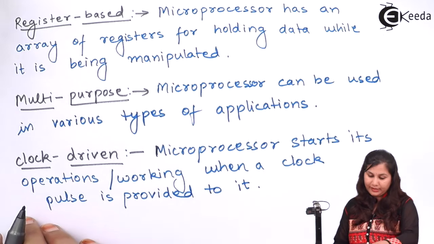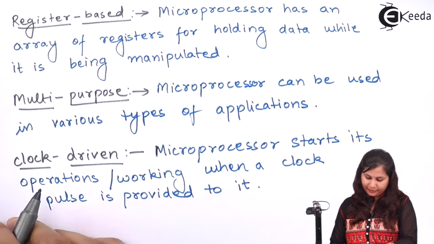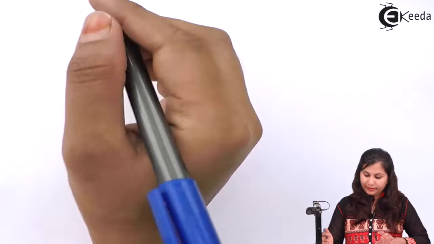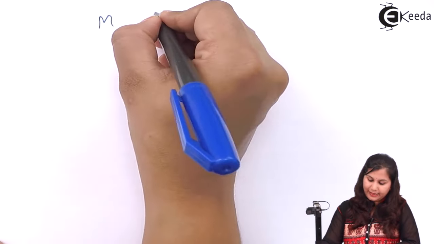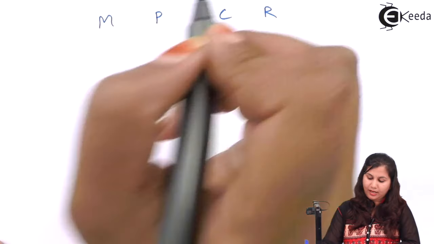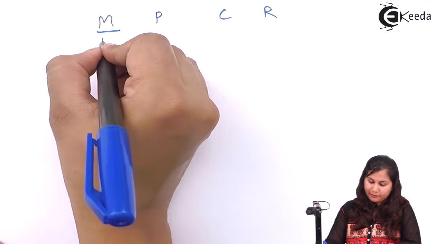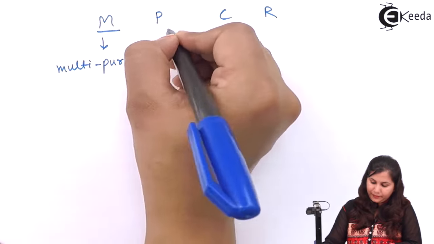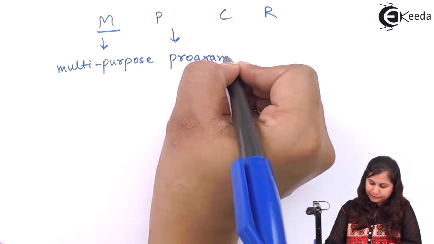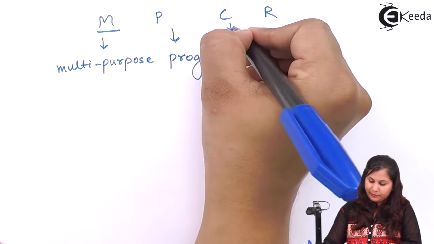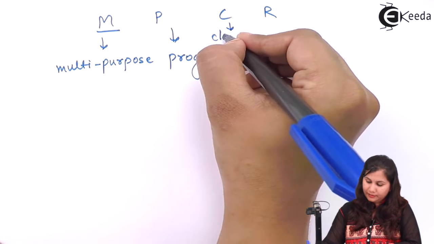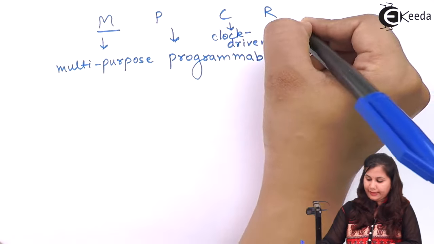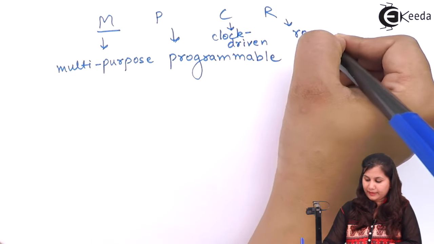If we want to remember it, the microprocessor is an MPCR. M means multipurpose, P means programmable, C means clock driven, and R means register based.